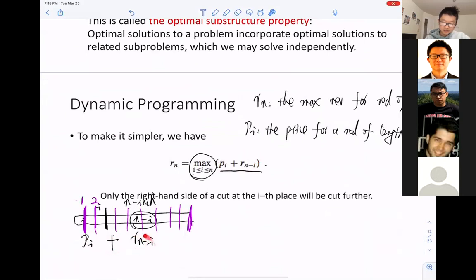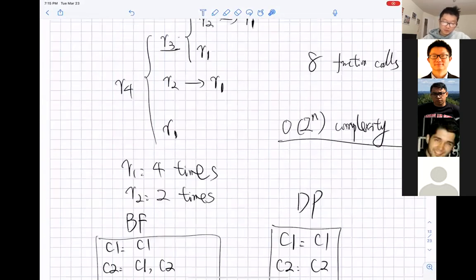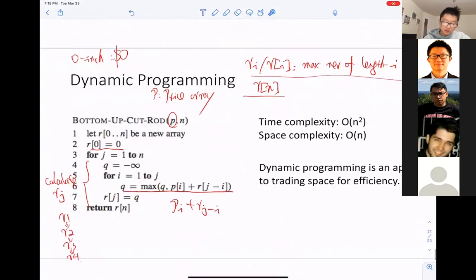We just replace n with j, correct? So basically, to calculate the maximum revenue for a rod of length j, we want to try all the possible places of the first cut. The possible places of the first cut start from i, which goes from 1 until j. We try all the possible places of the first cut, and we take the place that gives us the highest revenue in total.